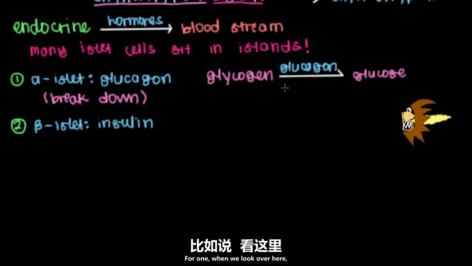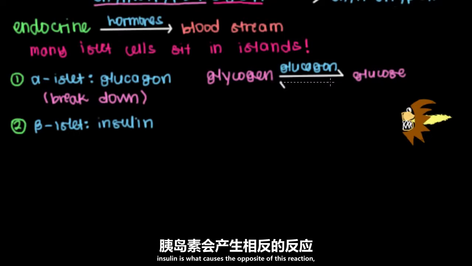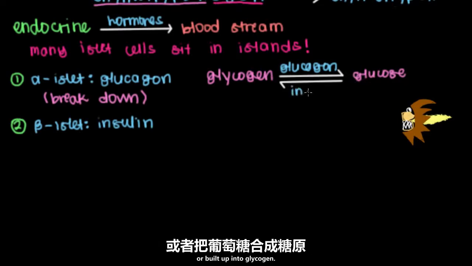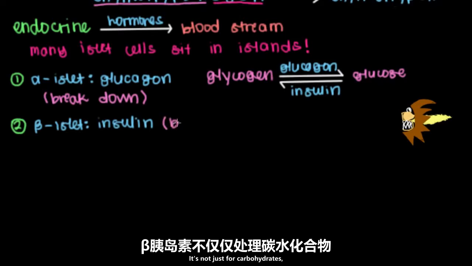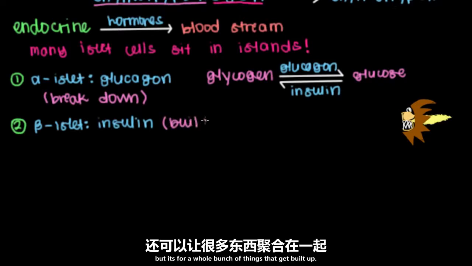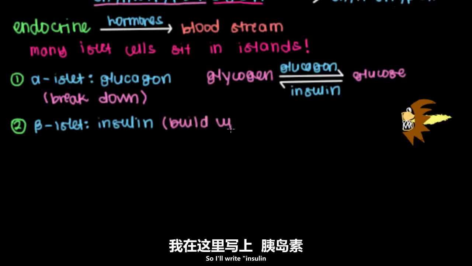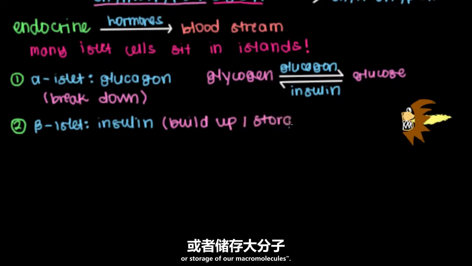For one, insulin is what causes the opposite of this reaction, where instead of breaking down glycogen into glucose, insulin causes glucose to be stored or built up into glycogen. So insulin does the exact opposite. And again, to drive that home, it's not just for carbohydrates, but a whole bunch of things that get built up. So I'll write insulin is responsible for the buildup or storage of our macromolecules.